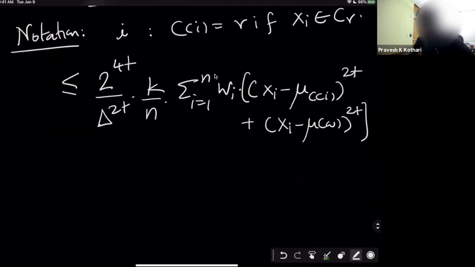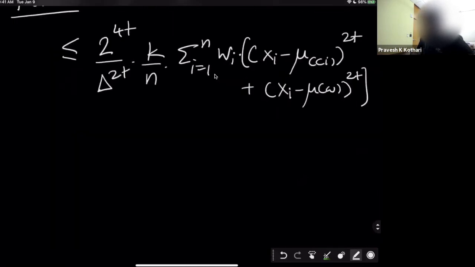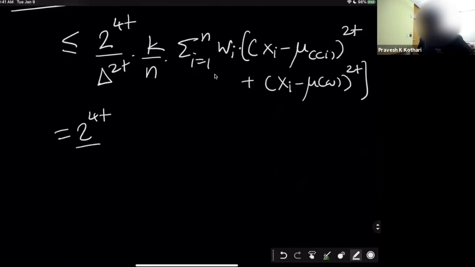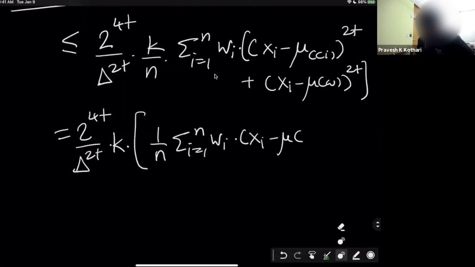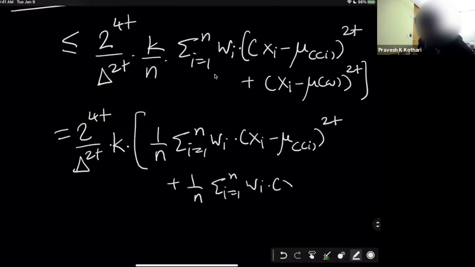Okay, because that's the last non-trivial step I have to do. Now I'm just going to collect the terms together. I'm going to pull k out and write this as the sum over i from 1 through n of w_i (x_i minus mu of C(i)) to the 2t, plus 1 over n times the sum over i from 1 through n of w_i (x_i minus mu(w)) to the 2t.